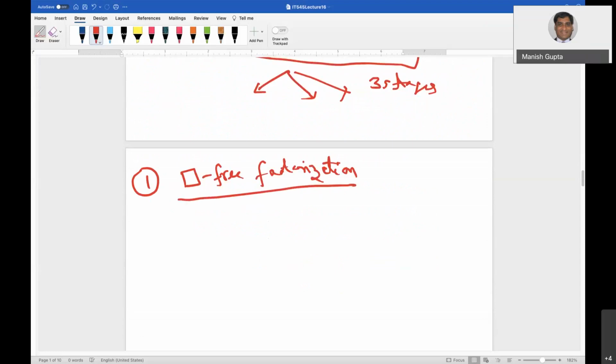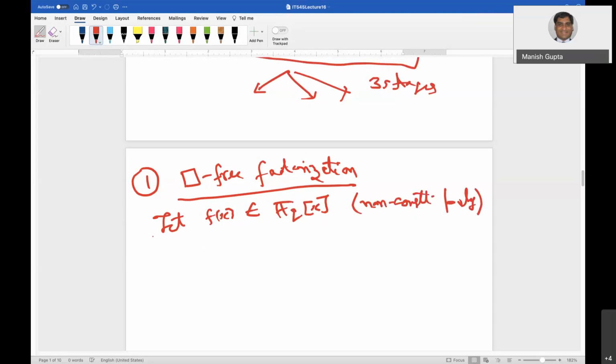Let us see what square-free factorization is. Let f(x) be a polynomial in F_q[x]. Of course, we are assuming that it's a non-constant polynomial. If it's a constant polynomial, then it's trivial.